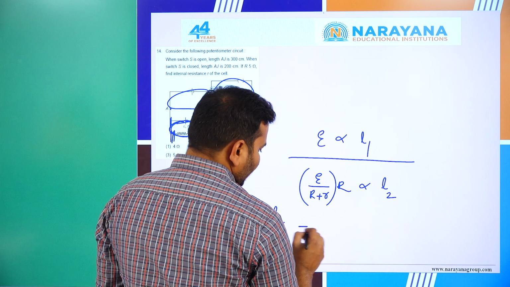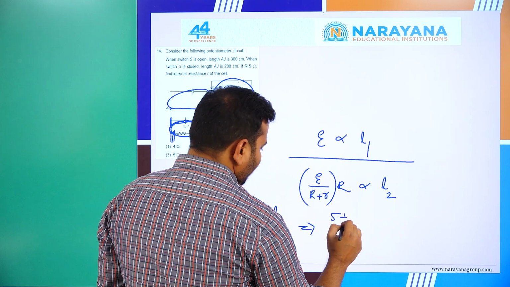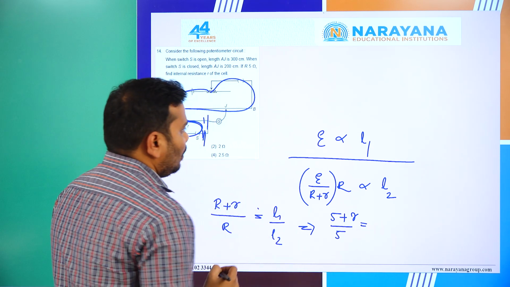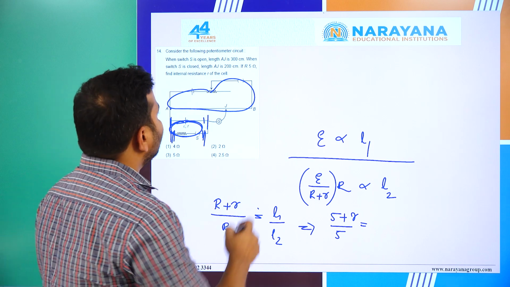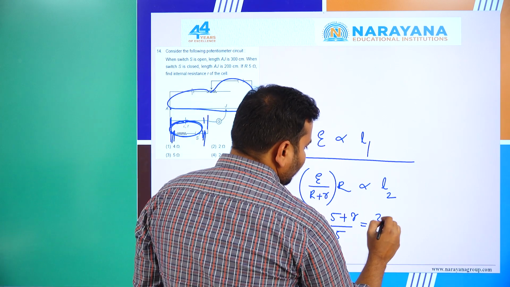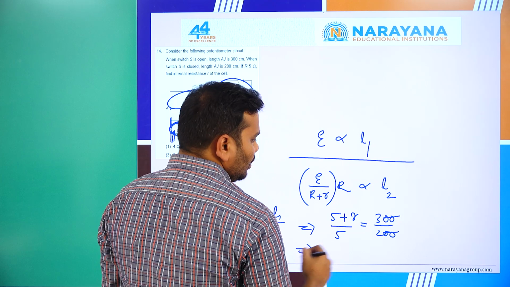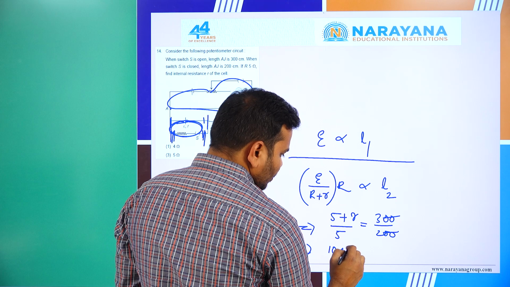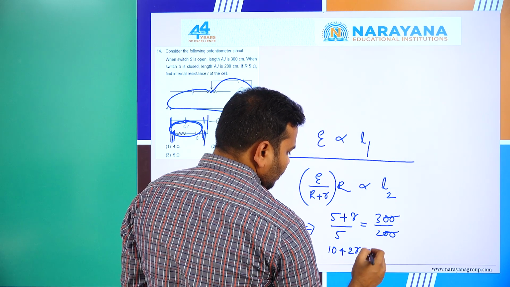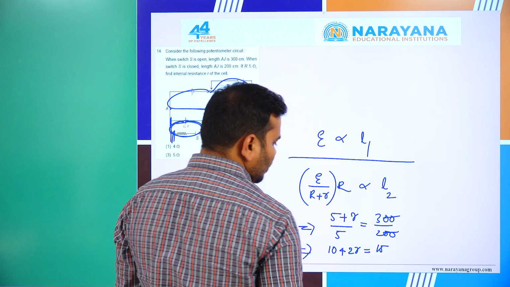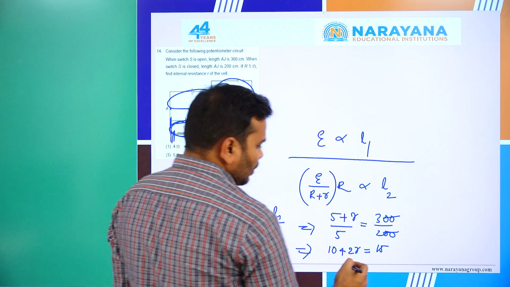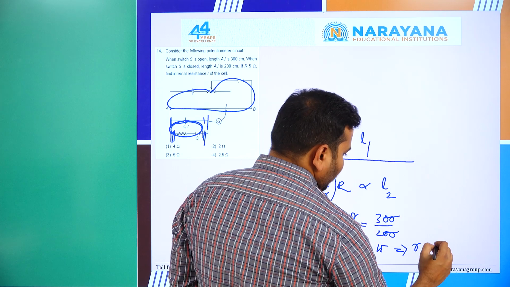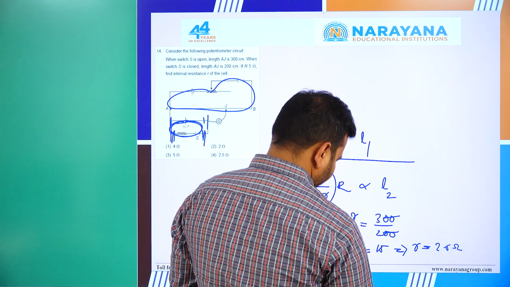Then this implies (5 plus small r) divided by 5 is equal to 300 by 200, that is 3 by 2, so 10 plus 2r is equal to 15, and this implies r is equal to 2.5 ohm.